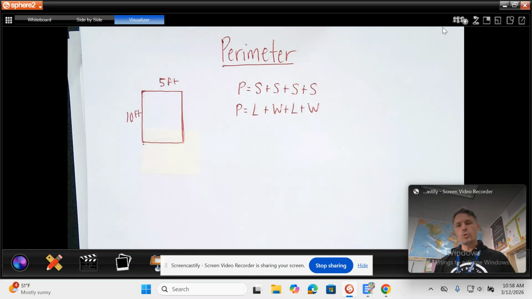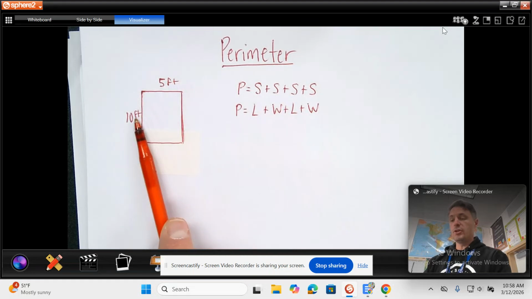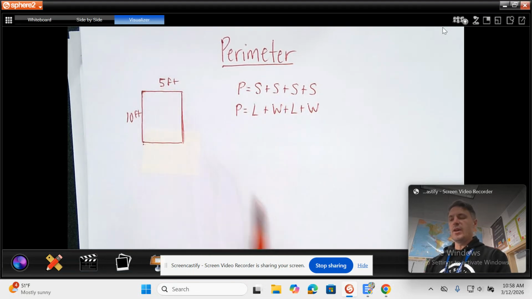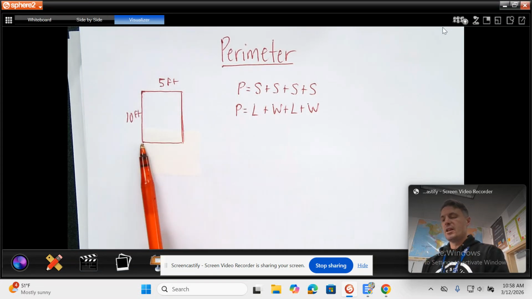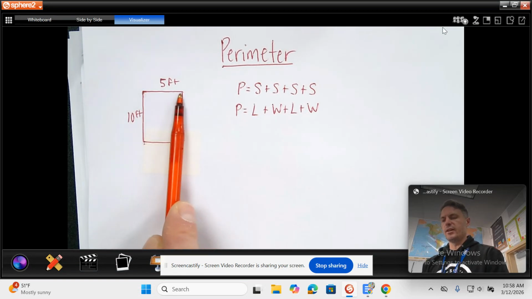Now you might be thinking, hold on a sec, I'm supposed to add up 4 numbers but I only have 2. I only have a 10 and a 5. But if you really think about it, you actually have 4, because this line has to be congruent. That means it has to be the same length as this line right here.